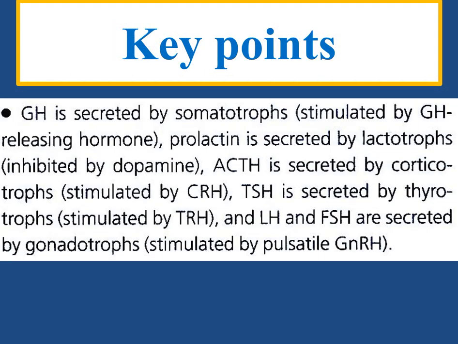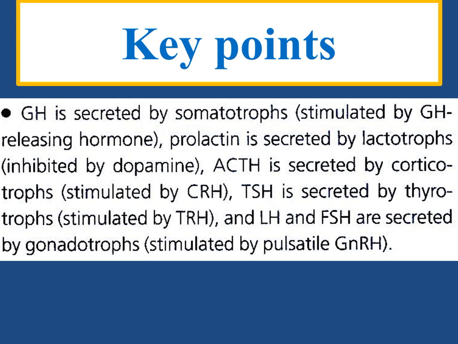Growth hormone is secreted by the somatotrophs, stimulated by growth hormone releasing hormone. Prolactin is secreted by the lactotrophs, inhibited by dopamine. ACTH is secreted by the corticotrophs, stimulated by CRH. TSH is secreted by the thyrotrophs, stimulated by TRH.